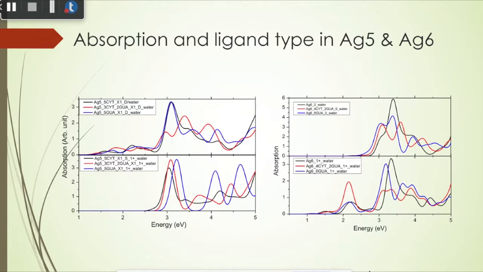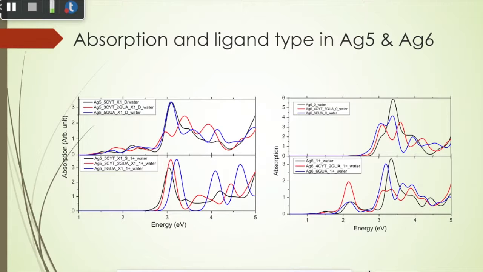In both these cases, the second peak intensity is increasing very significantly, especially in the silver 6 cases. On the other side, it's almost presenting the same trend, but in this case it's just overlapping, so maybe it increases a little bit higher. So we can say that if we add the guanine with the cytosine in the system, it has a very strong effect on the second peak.